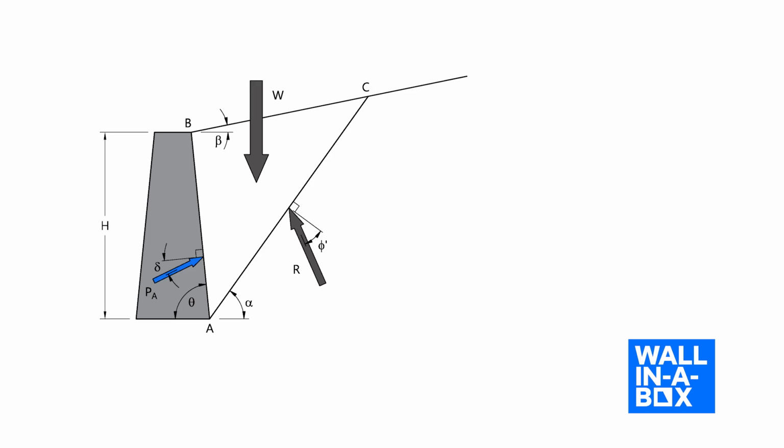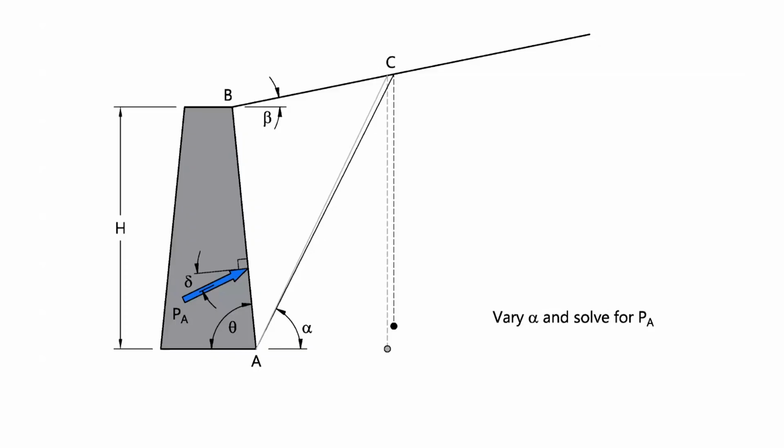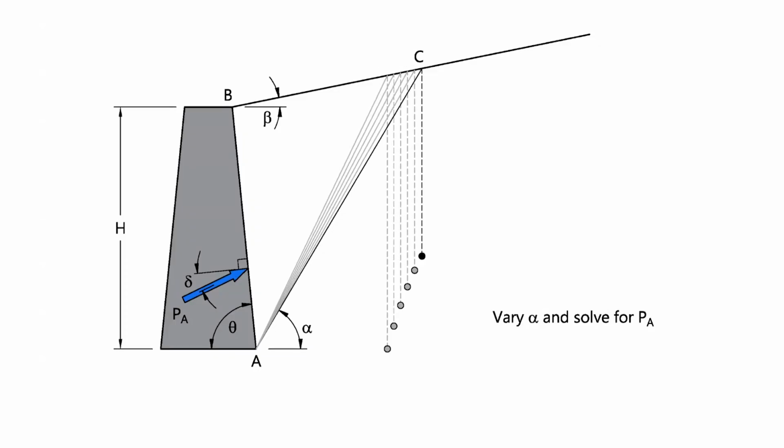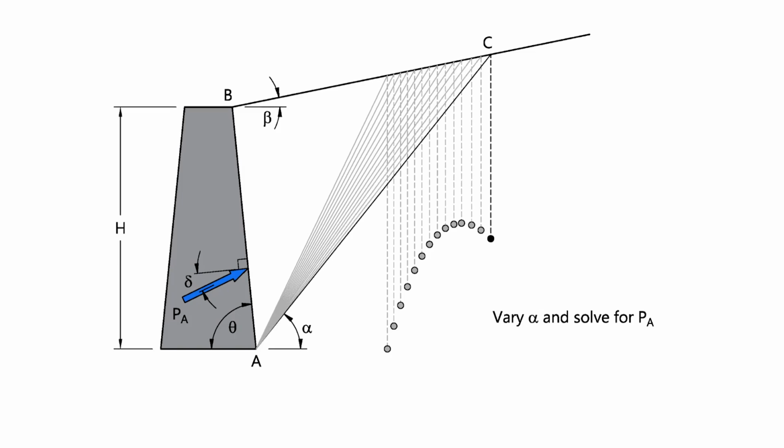From here, we can do some simple statics. We're going to sum all the forces in the horizontal and vertical directions and set them equal to 0. We can take these equations, combine them, and reduce until we get an equation for the active earth pressure force, P sub A. If we wanted to, we could assume different values for the angle alpha, and we could calculate the active earth pressure force for each of those angles.